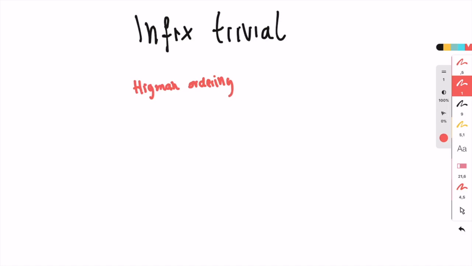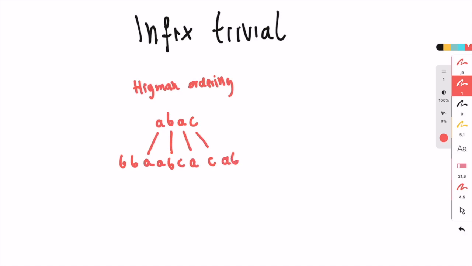So the Higman ordering is the ordering where you take words, say A, B, A, C, and then you just add letters in between. So you keep the A, B, A, C, but maybe you might add some new letters like B, B, A, C. You don't need to add letters everywhere.